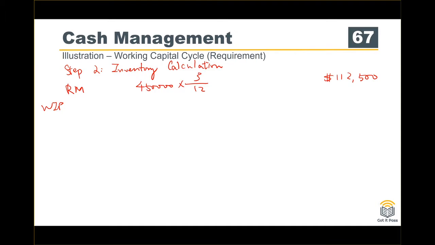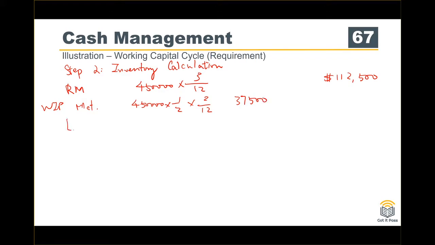it is 50% of the value of the materials, of the labor, of the variable overhead. So for material, 450,000 times half of it. In WIP, this is 2 months in the WIP. So here, if you work it out, is 37,500.